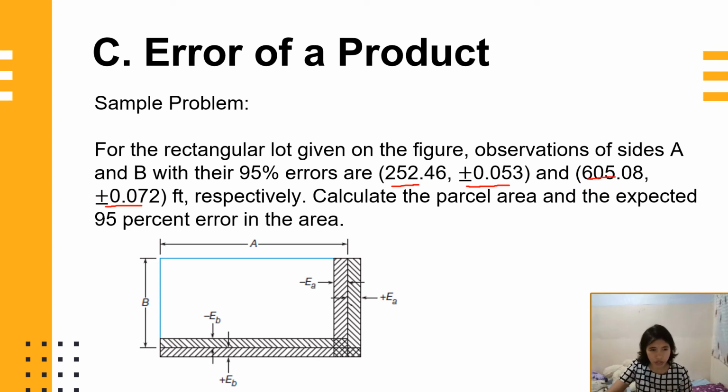Calculate the parcel area and the expected 95% error in the area. This is the example from earlier. If we measure the length of the line, it has an error, and the width of the line also has an error. So when we calculate the area, it will also have an error in the area. We are going to use the formula I showed earlier.